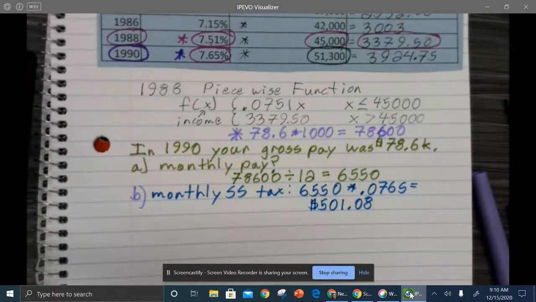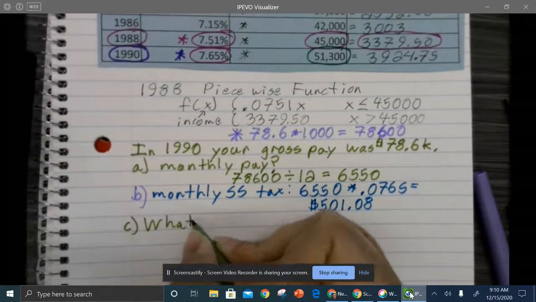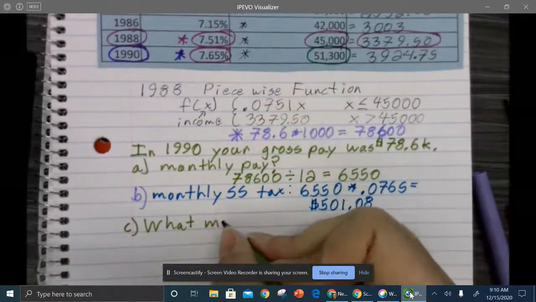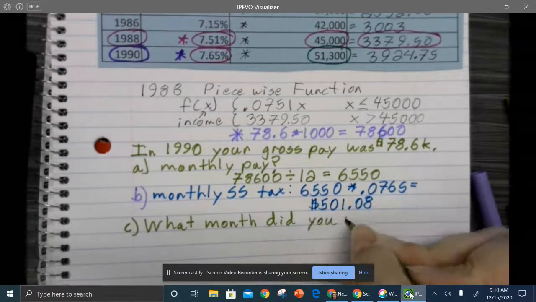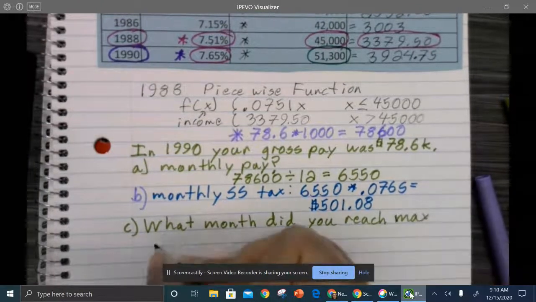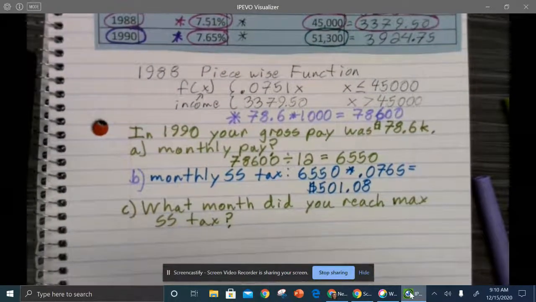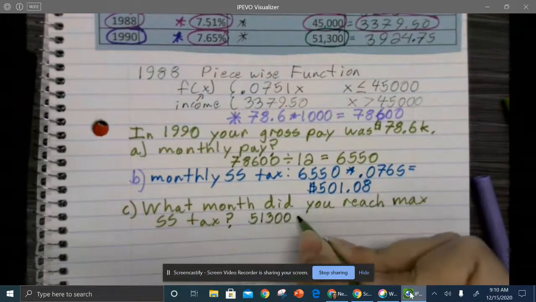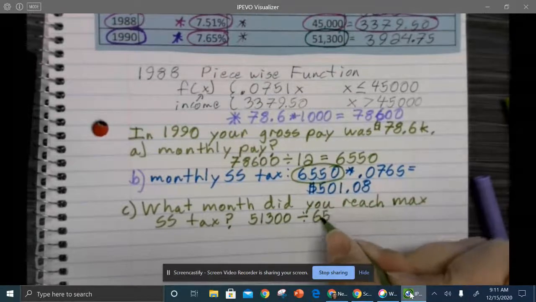And then we want to know what month, because the maximum amount is 51,300. So what month did you reach the maximum Social Security tax? This is something else everybody has to keep track of, especially if you change jobs. Okay, so 51,300 divided by the 6,550.